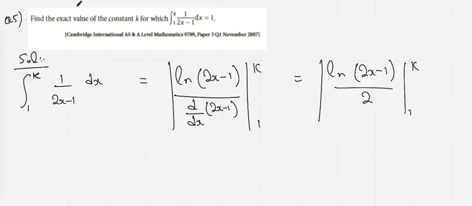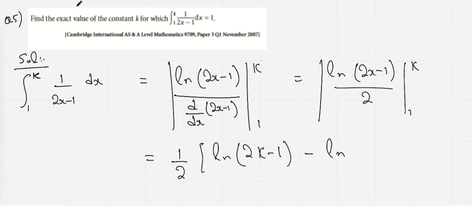I take this 2 outside, and it is equal to ln of 2k minus 1 minus ln of 2 times 1 minus 1.